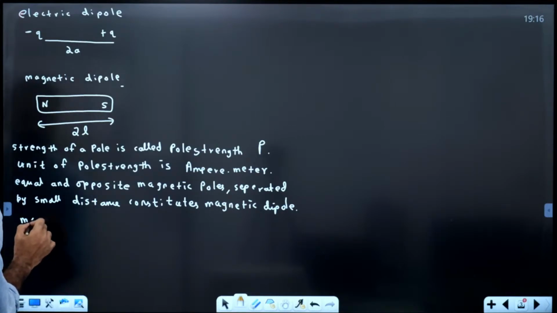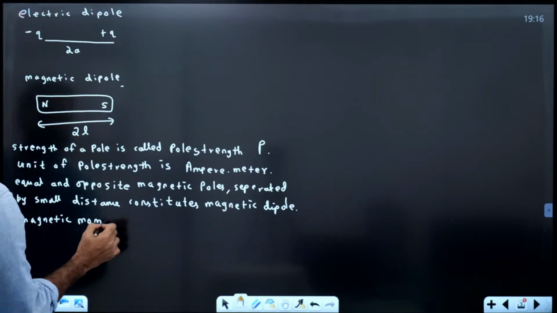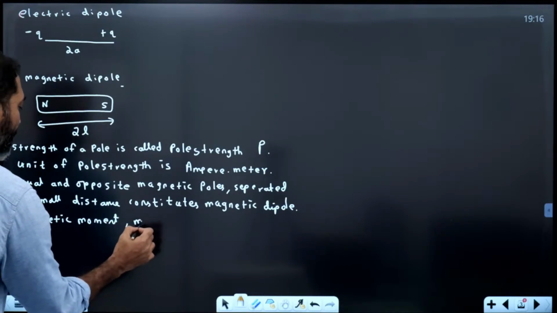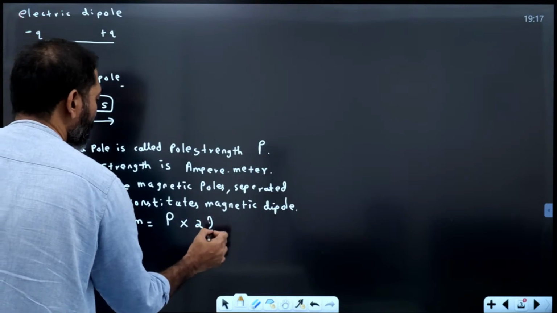Magnetic moment M is equal to pole strength P into 2L.